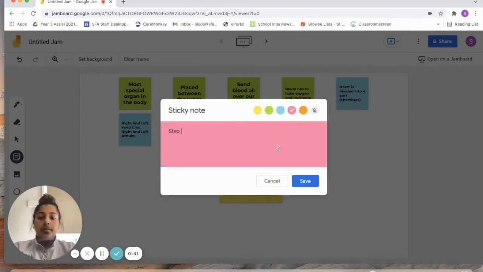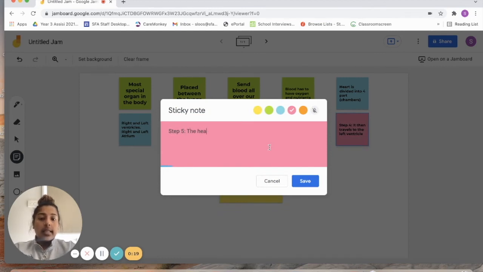Step 4. It then travels to the left ventricle. So it's like going into all these little doors. It goes into doors around the heart. It has a way and it has a path to go through to the body. Step 5.